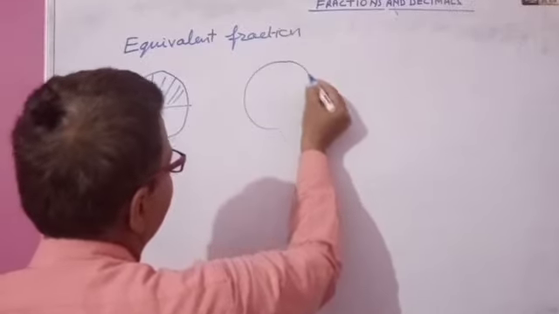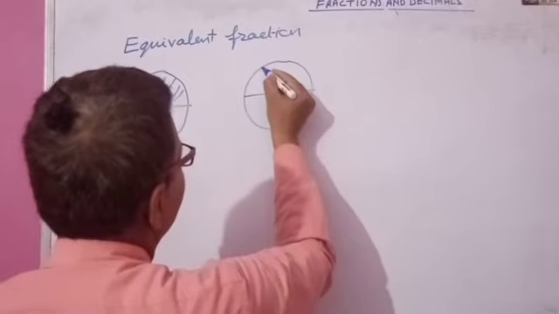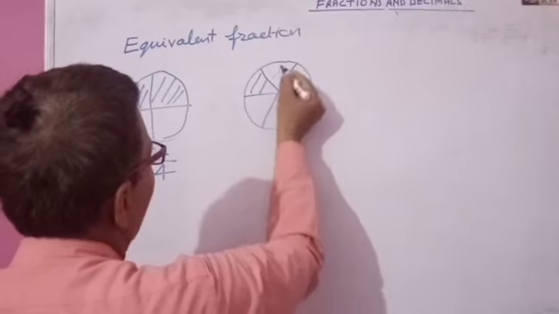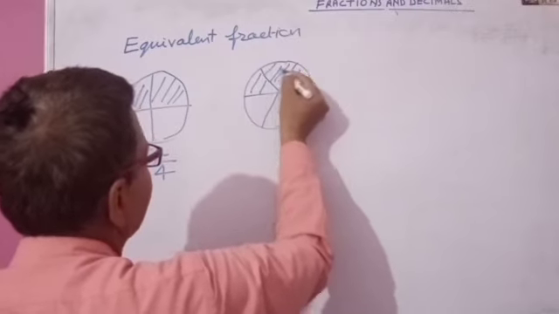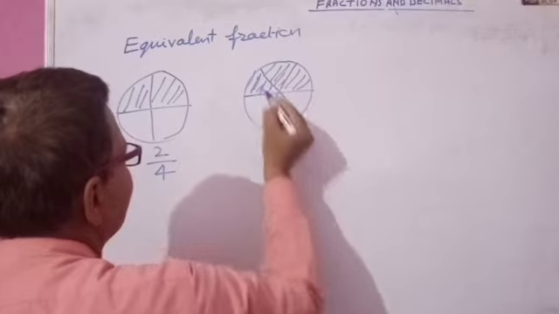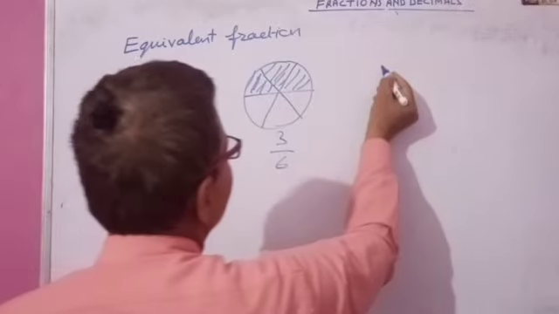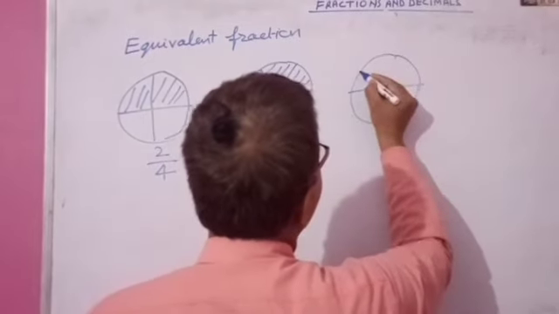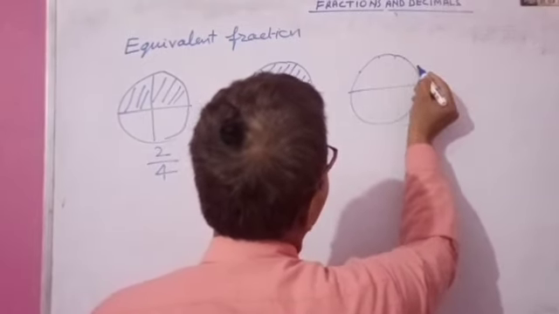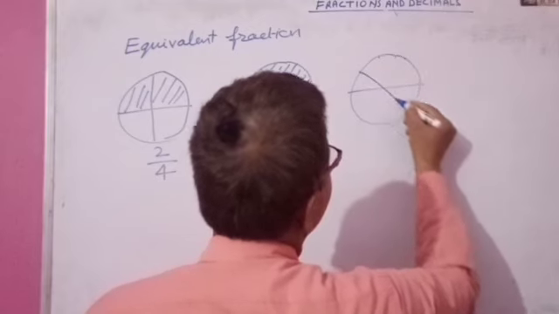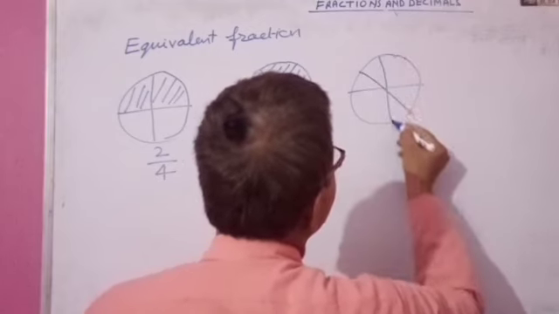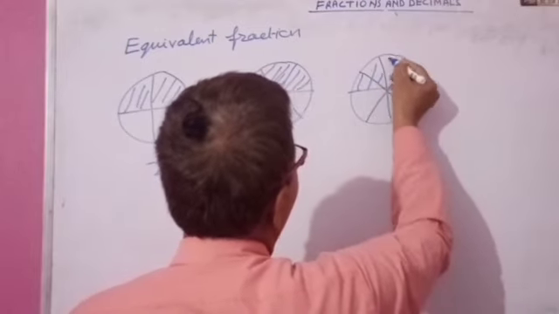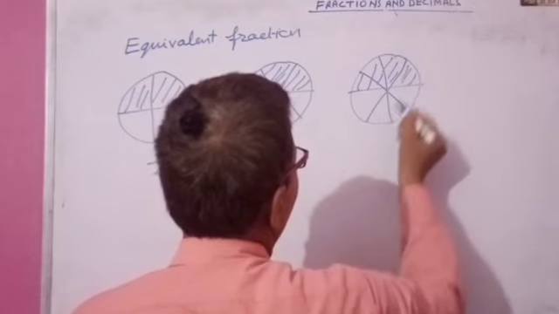Another one: out of 6 parts, 3 parts are shaded, that is 3 upon 6. Out of 8 parts, 4 parts are shaded.